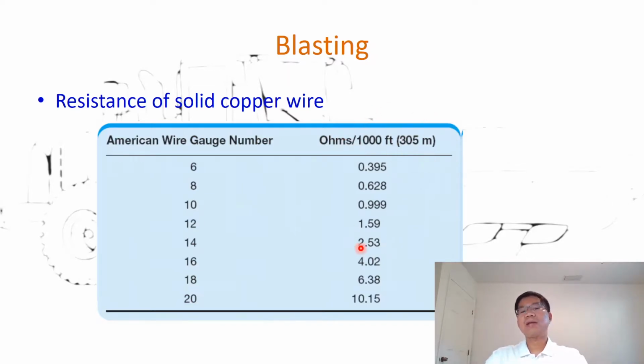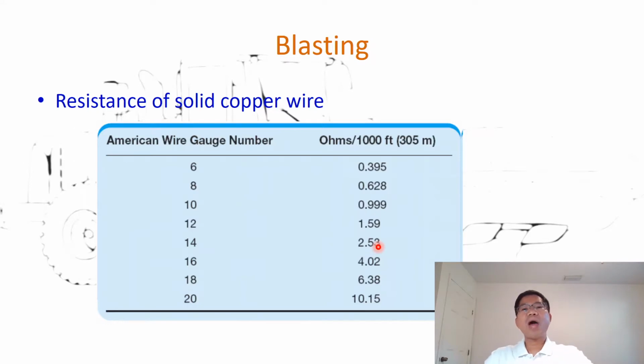So that one is not ohms, but ohms per 1000 feet. So some steps may be involved. We need to determine how many linear feet we need for this bus wire and how many linear feet we need for the firing line. That needs to be done before we go to this table and find out the resistance. And when you have those three, you add them up and find out the total resistance.